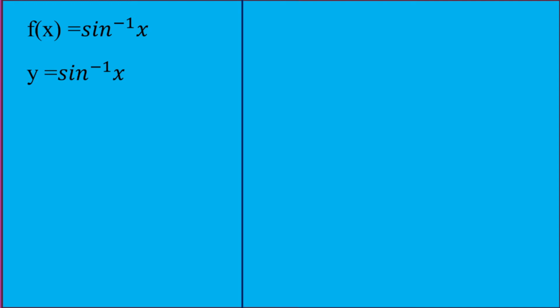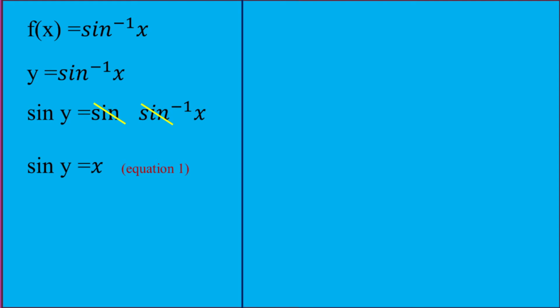So it becomes y equals arcsine x. By the multiplication rule of equality, we can take the sine of both sides. So we have sine y equals sine arcsine x. Since we have negative 1 and positive 1 exponents here, we can cancel them. So our first equation becomes sine y equals x.